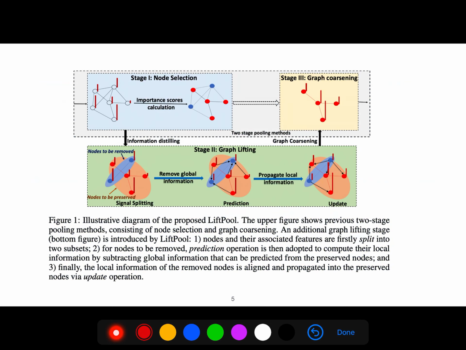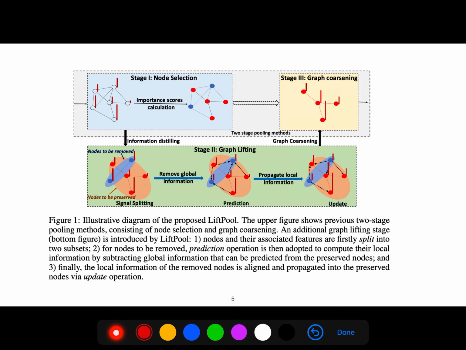You see the illustrative diagram of the proposed LiftPool. The upper figure shows previous two-stage pooling methods consisting of node selection and graph coarsening. An additional graph lifting stage is in the bottom figure, and you see that nodes with their associated features are first split into two subsets.